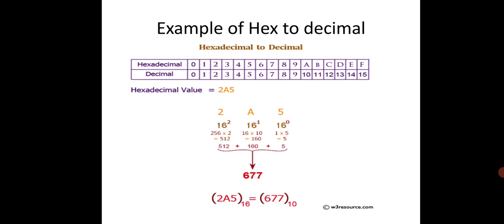The hexadecimal weightage for 16 raised to 2 is 256, and 256 into 2 is 512. You have to add all these decimal values, that means 512 plus 160 plus 5. This 677 is your decimal value for the hexadecimal 2A5.